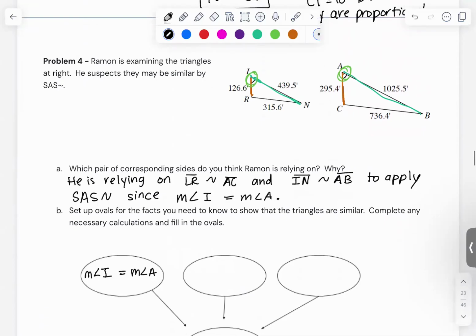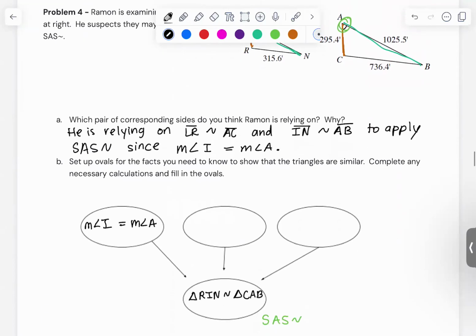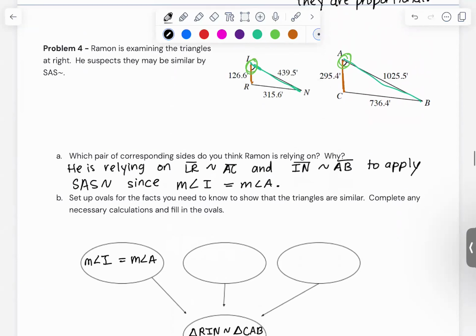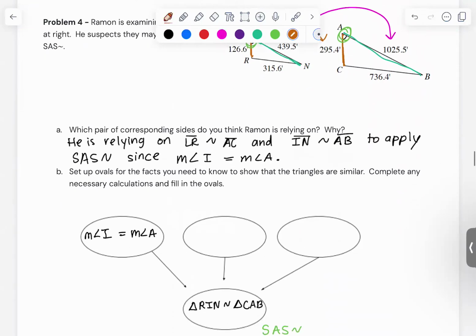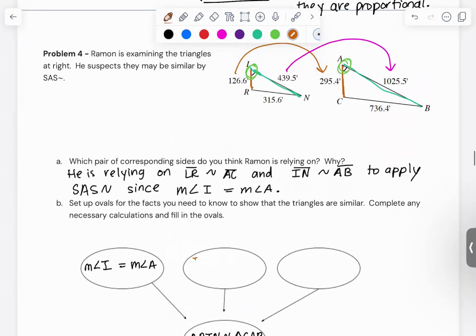Okay, so the only thing missing now are my two sides. So what I'm gonna do here is I'm gonna write, or I know that this side is going to this side, and I also know that this side is going to this side. So I'm gonna write IR over AC. So if I substitute those values, I get 126.6 over 295.4.